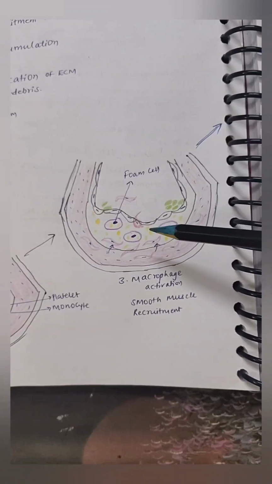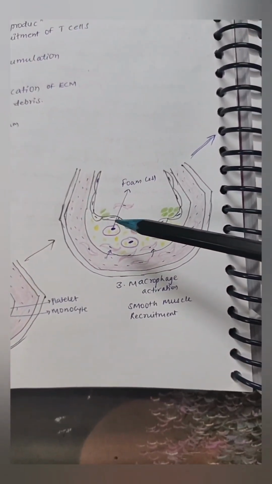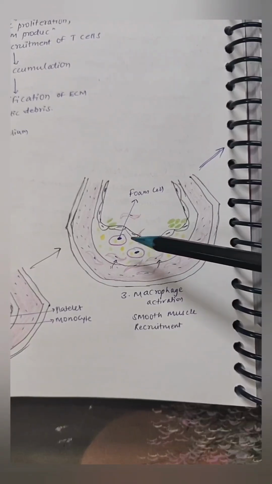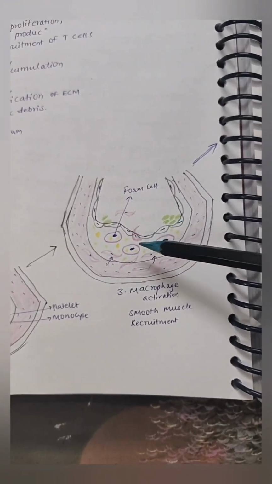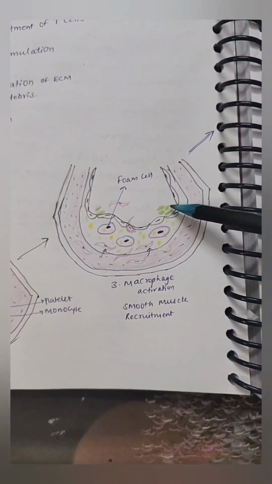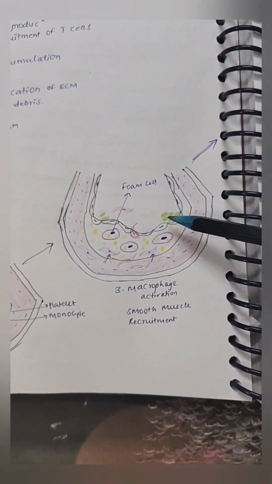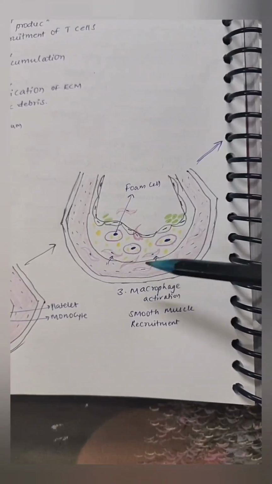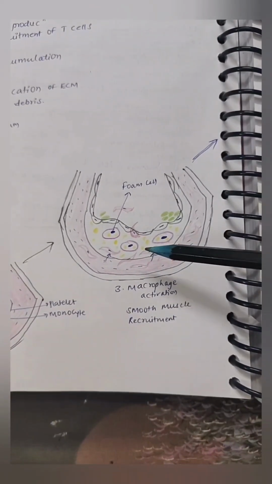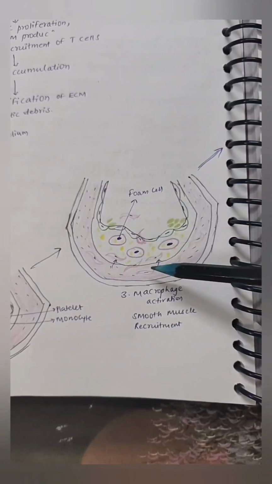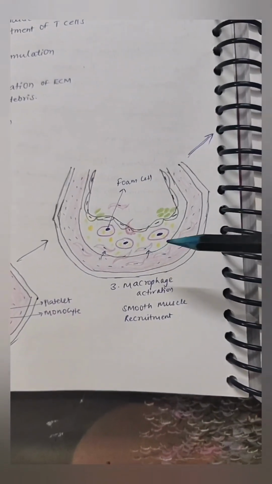So now in this you can see macrophages are activated and they are engulfing the lipid, and as a result foam cells are formed. So this adhered platelets and macrophages will release some factors which will cause smooth muscle cell recruitment into the tunica intima, either from the lumen or from the tunica media.